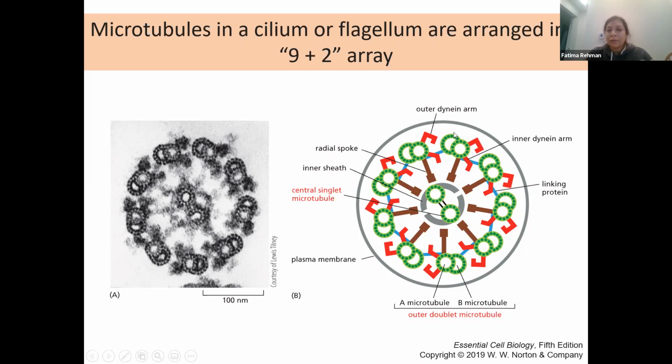Now, these act like little oars in a way to help move the microtubule in various directions, but also to help make that structure strong and to help in that stability as well. So together with this structure, it almost looks like a wheel, right? And that's why it is as stable as it is, because it has multiple levels of stability built into its structure.